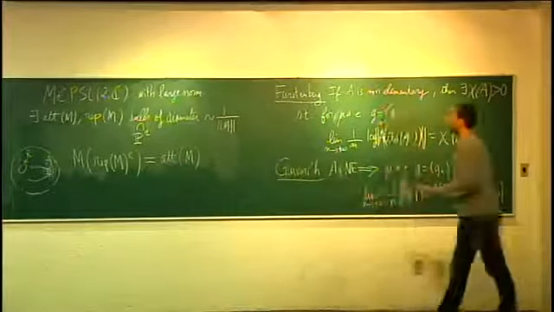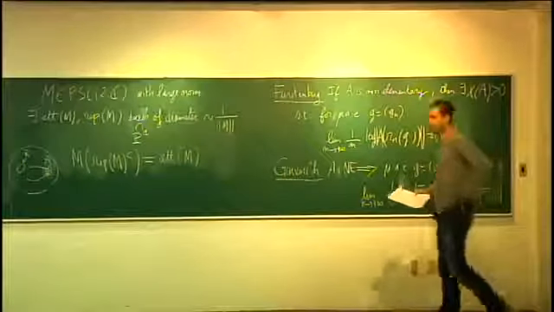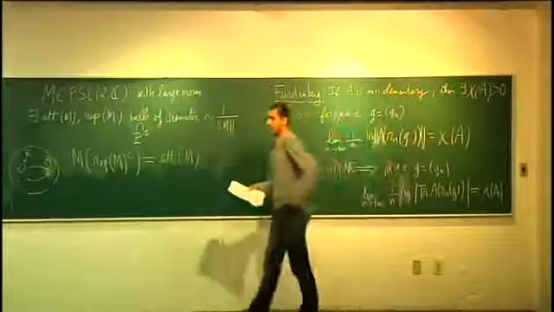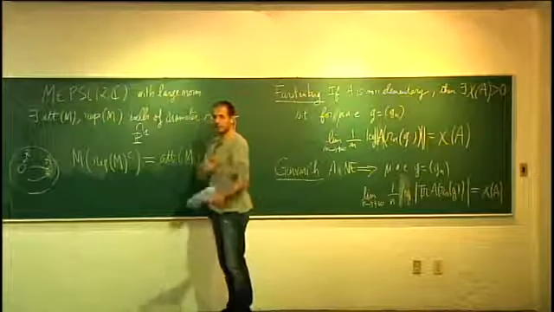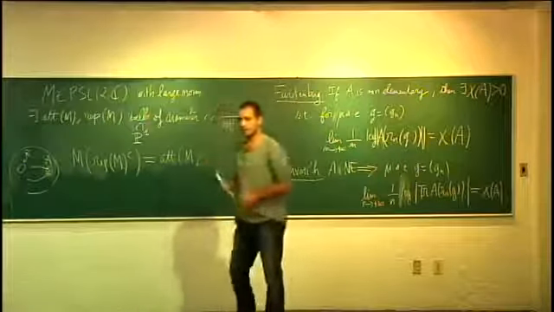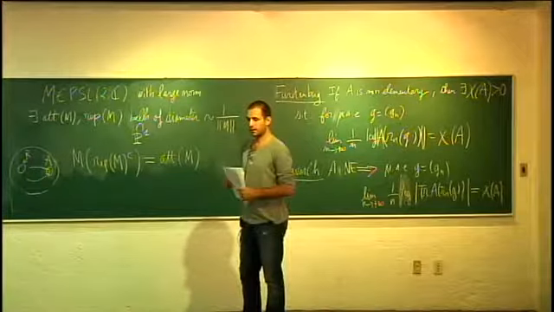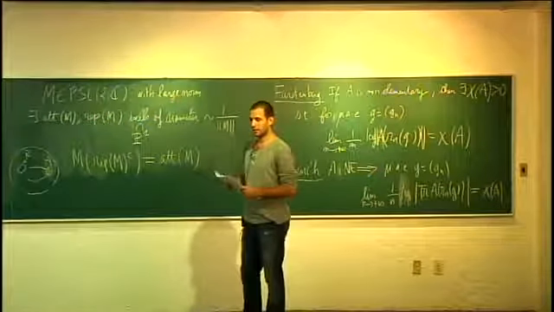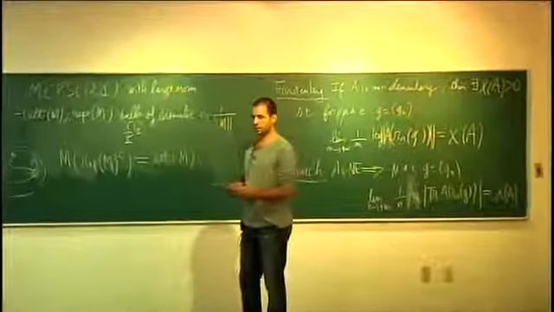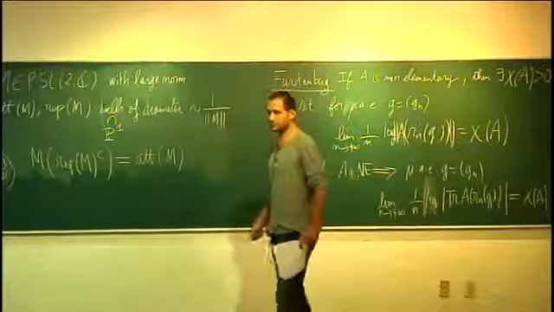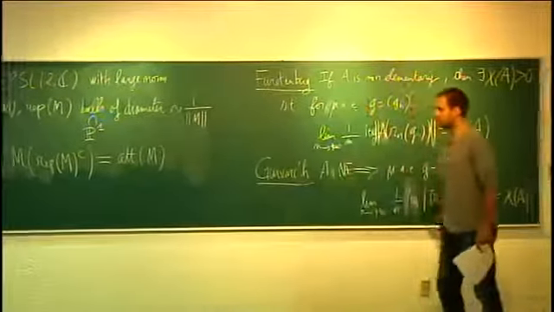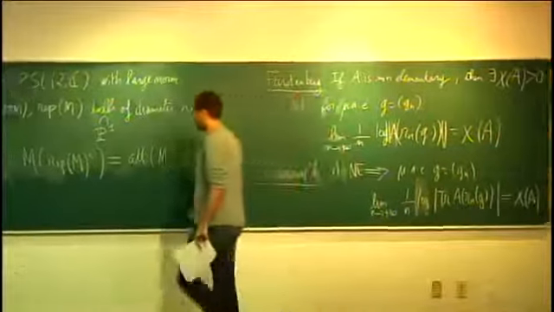Okay? So that is also not always true. What is not always true? That M in PSL2C with large norm is like that. If you take M square... This is always true. This is the KAK decomposition.